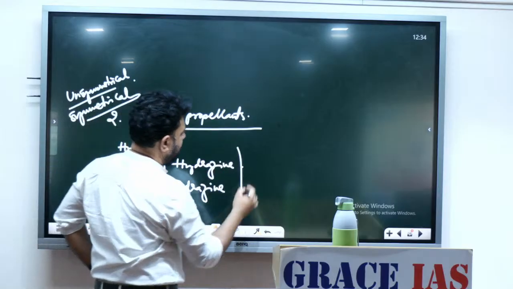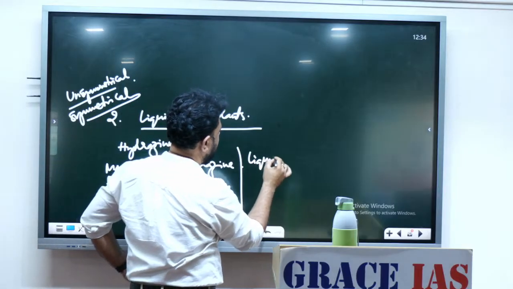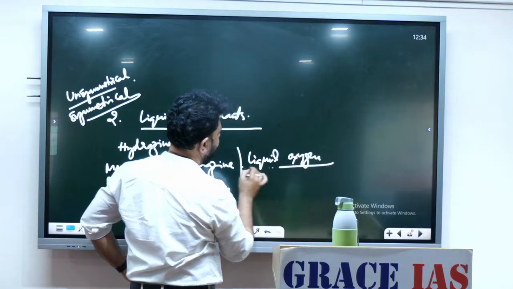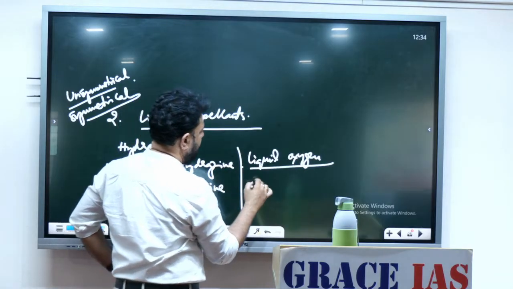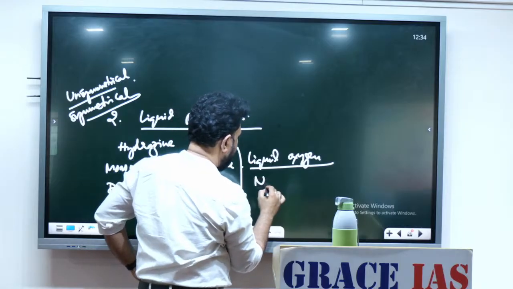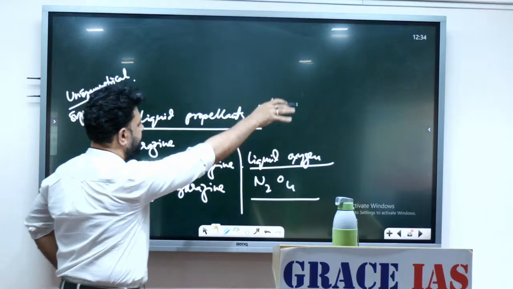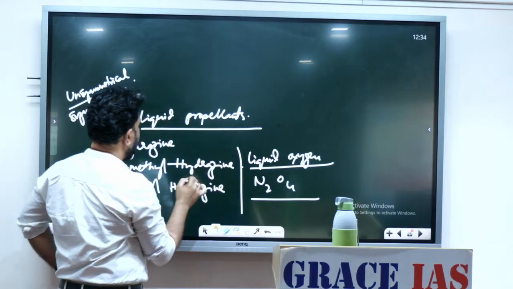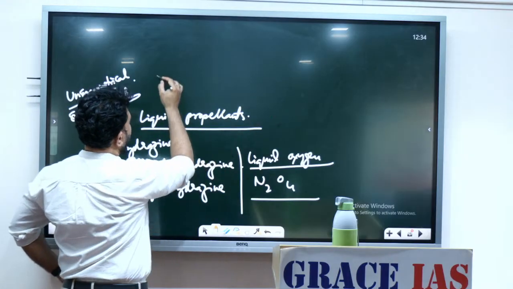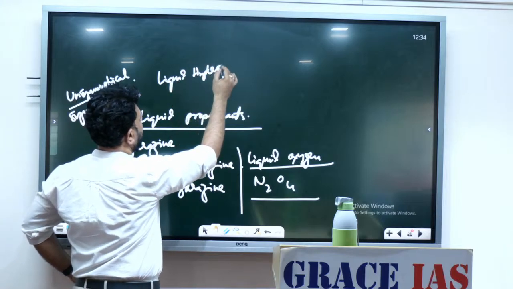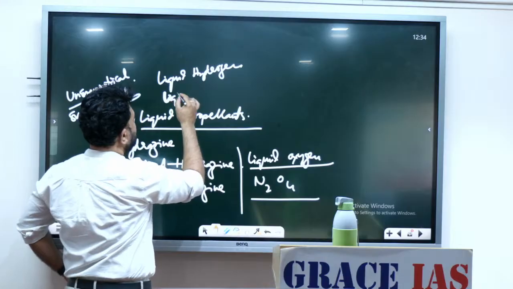Along with either liquid oxygen or dinitrogen tetroxide. So this is one type here, and another type is liquid hydrogen and liquid oxygen.